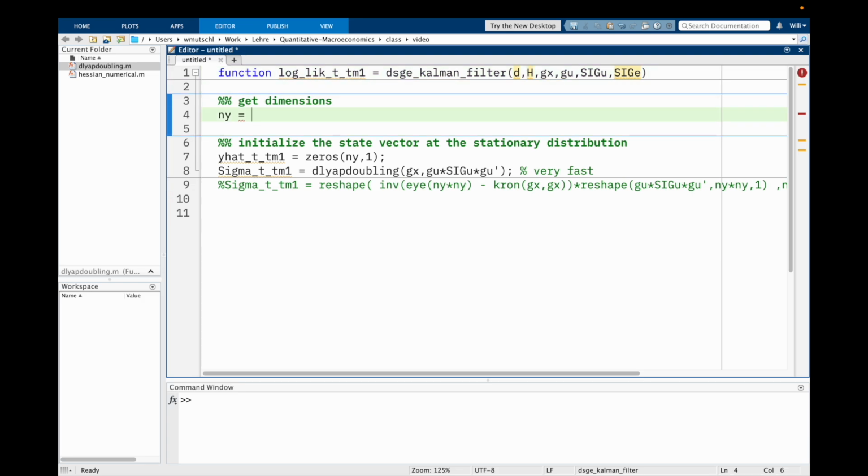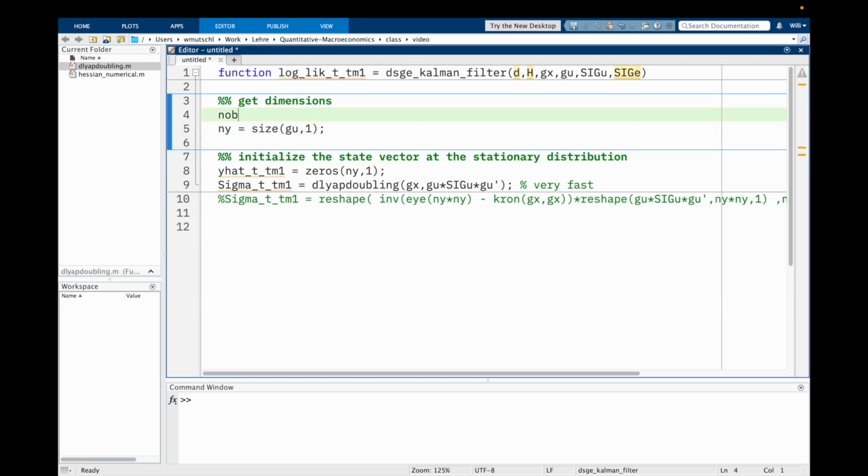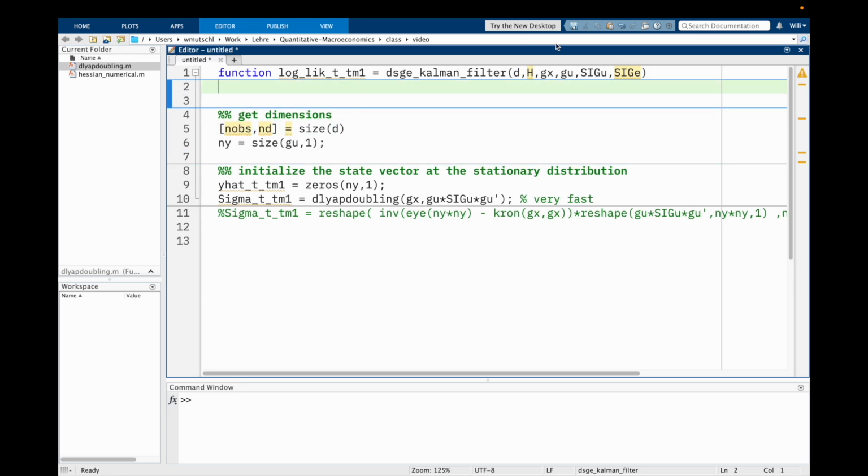Okay. Now, where do I get ny? I could get ny, for instance, from the dimension of my state space matrix. I'm probably also going to need the number of observations and the number of observables that I have. I can back this out from D. Okay, so in terms of dimensions, I'll expect D to be the data matrix with rows corresponding to time periods and columns to observables.